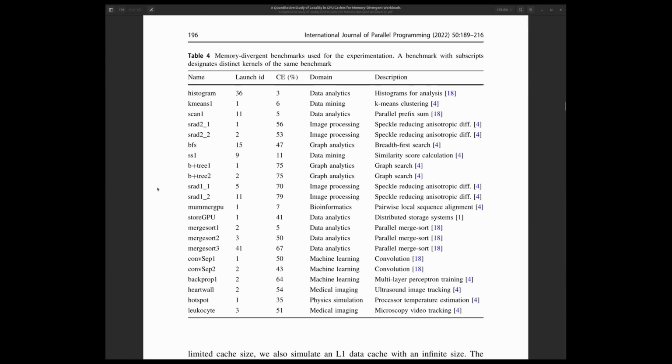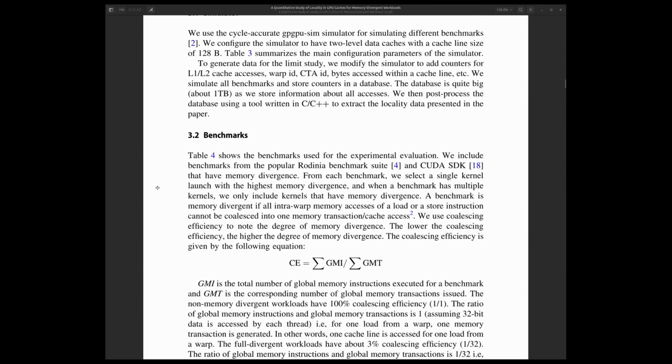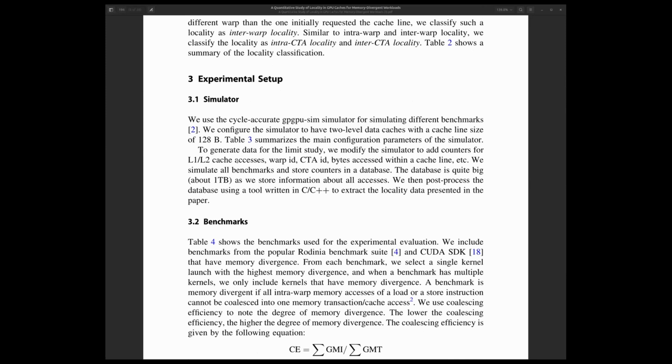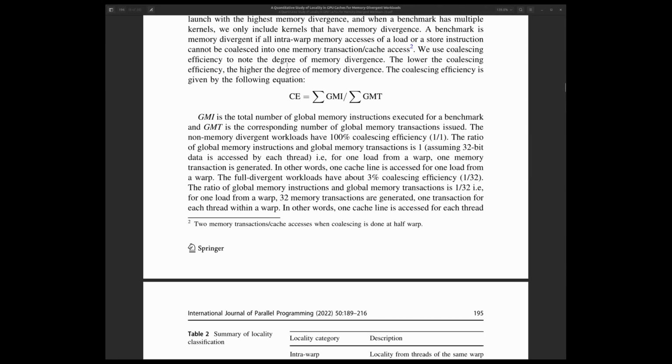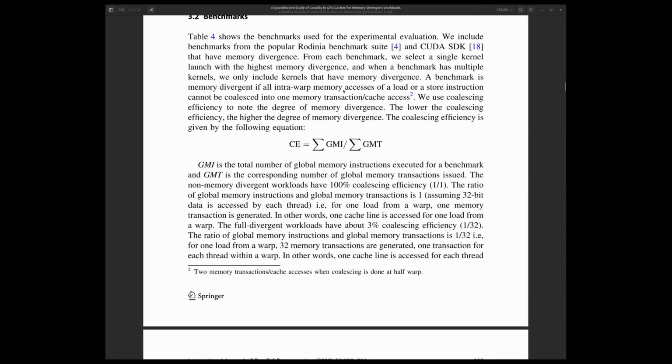To do this, they describe that they use a GPU simulator to simulate actual GPU conditions, as well as the metric that they use for defining memory divergence.